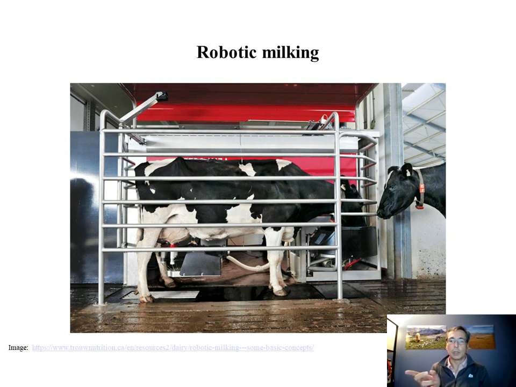So basically, the cow would walk into this small stall, and the robot would automatically detect from the tag or the neckband of the cow what the identity of the cow is, whether or not it should be in there for milking, and then it will automatically go about cleaning the udder and doing the milking. And as it's milking, it will collect all of the data from each quarter of the udder to measure the milk production from every single cow and the quality of the milk sometimes even as well.